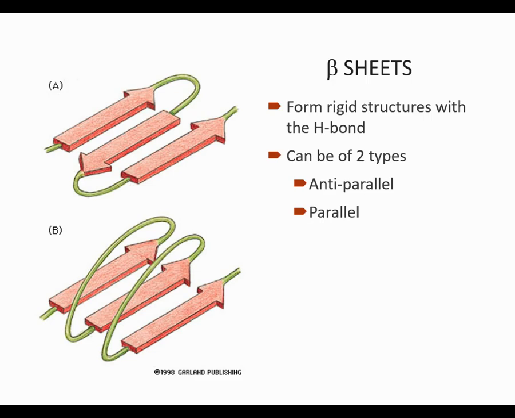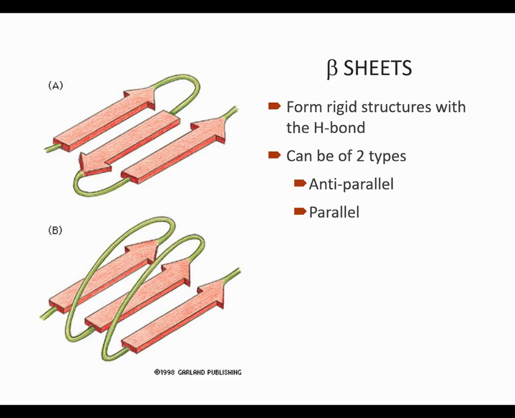Remember earlier we discussed the C terminus, or carbon end, and the N terminus. So it means if this is the C terminus, the other one is the N terminus. So it's anti-parallel. While the other one is parallel.